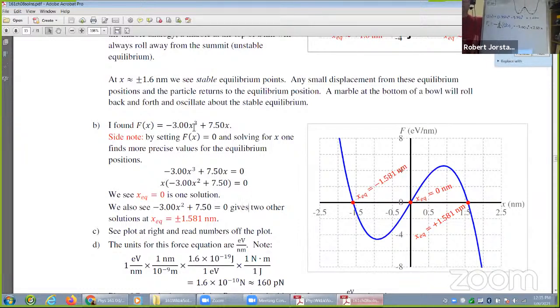As you get to large values of x, this term should dominate because the x cubed is in the numerator now. Small values of x, this term dominates. It looks linear at the origin, right? So look at this, 7.5. It should be approximately linear at the origin with slope 7.5.